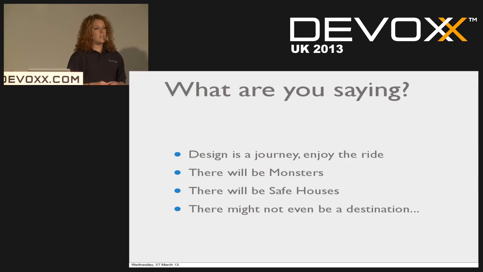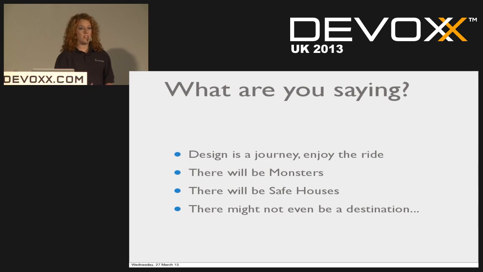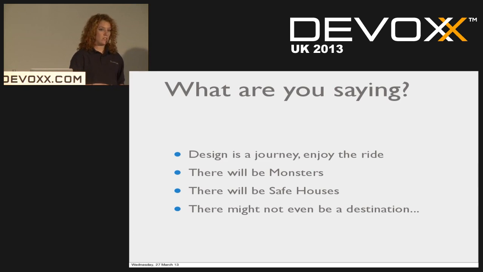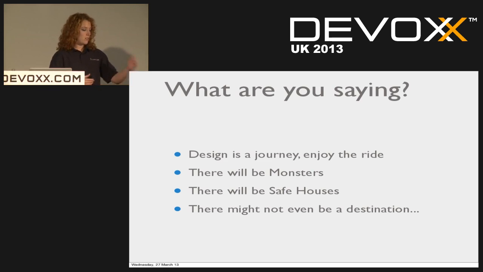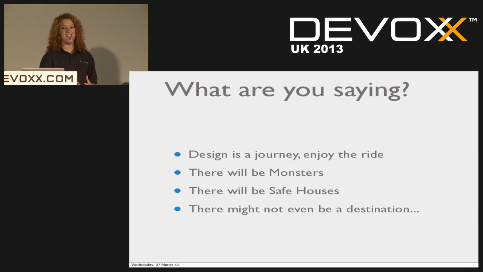So design is the journey, it's the process, it's not the outcome, it's not the destination. There might not even be a destination, but you're traveling on this journey, you're implementing stuff, you're told to achieve something, but it's not like university where they said, do this piece of coursework and it's finished. It's always this ongoing process. It sometimes feels like it's never ending, right?